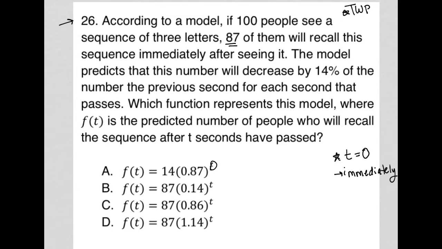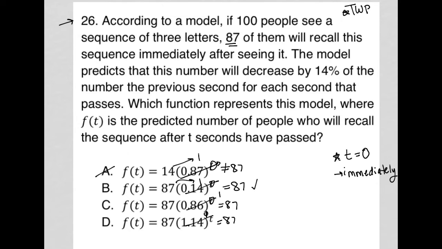If I put a 0 here, 0.87 to the 0 power is just 1. 14 times 1 is 14, so that is not equal to 87, so A is gone. If I put a 0 here, 0.14 to the 0 power is 1. 87 times 1 is 87, so we're going to keep choice B as a possibility. If I put a 0 here, the same thing, 1 and 87, so choice C is also good, and choice D will also be good as well.